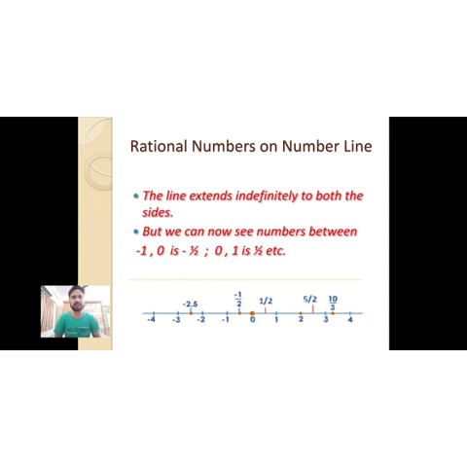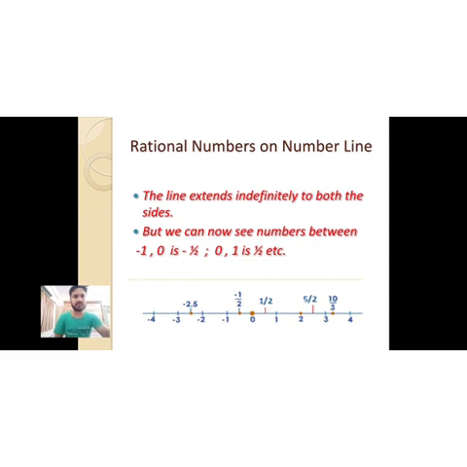So the rational number on a number line, the line extends indefinitely to both sides, but we can now see numbers between minus 1 and 0 is minus 1 by 2, or between 0 and 1 is 1 by 2. We just put the values in between the numbers.